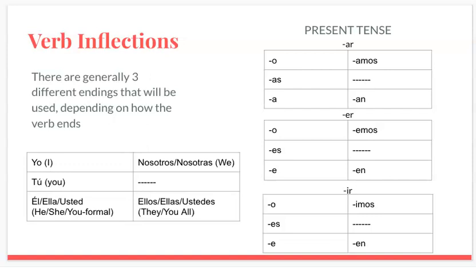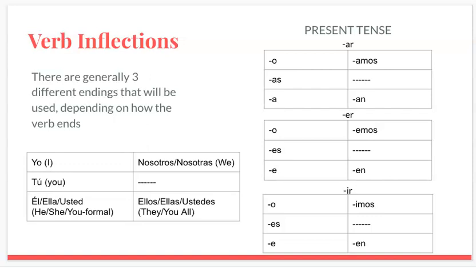So an example of this would be yo cocino, tú cocinas, ella cocina, nosotros cocinamos, and ellos cocinan. And as you can see in there, every ending of cocinar had a different way of doing it. So in English, we would just say I cook, you cook, we cook, or she cooks. And the only difference in that would be in the third person, we'd add the S.